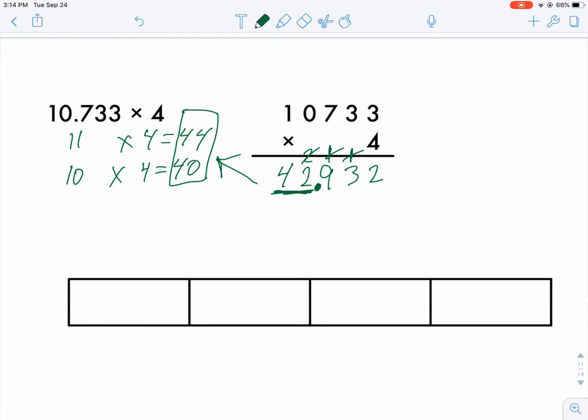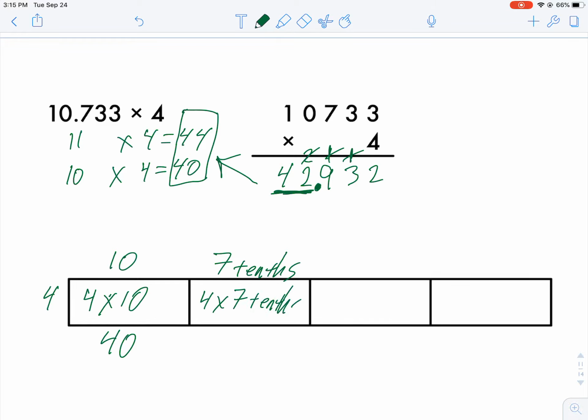Okay. If we wanted to see the actual number, we can do 4 times 10 gives us 40. Right there we know that our answer should be in the 40s. 4 times 7/10 equals 28/10, which is 2.8.